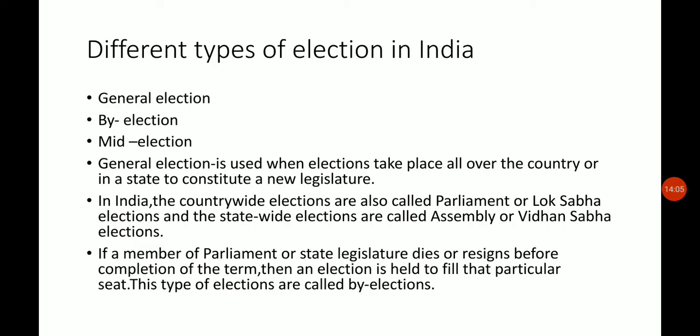It will be held only for the completion of the remaining period, that is, for 2 years the person will be elected. Then an election is held to fill that particular seat, and that is called a by-election.